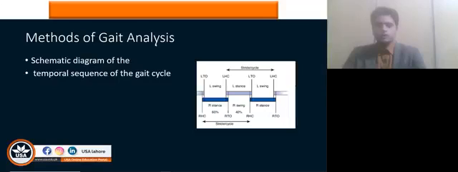So notice how this phase is occurring. So let me show you in a better way. So this is the right stance and the right swing. I hope you remember what were the phases of the stance phase and what were the phases of the swing phase. Now, starting from here to here is actually one complete gait cycle.